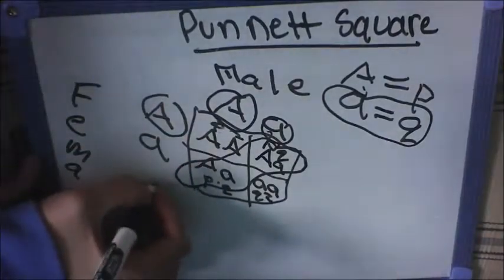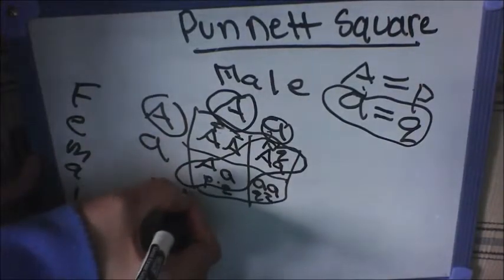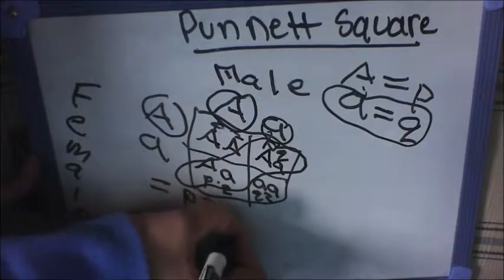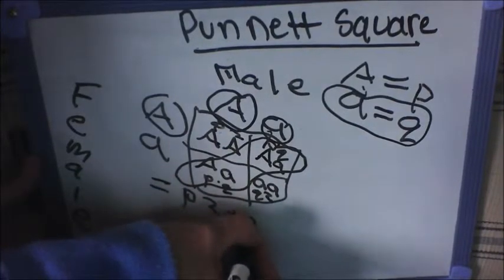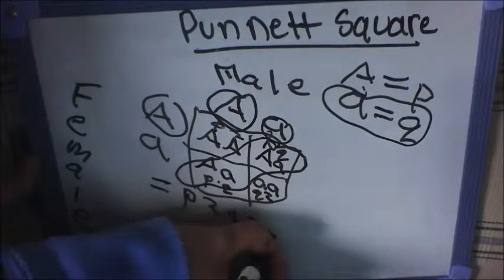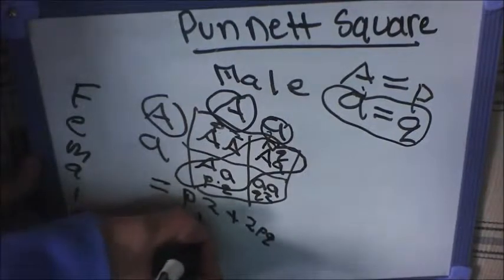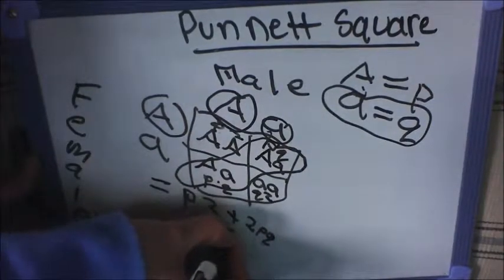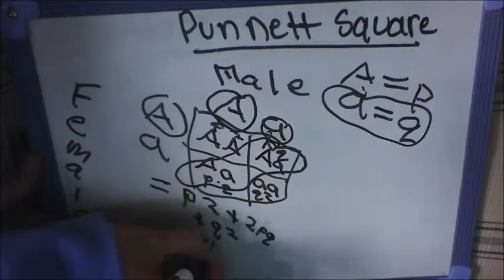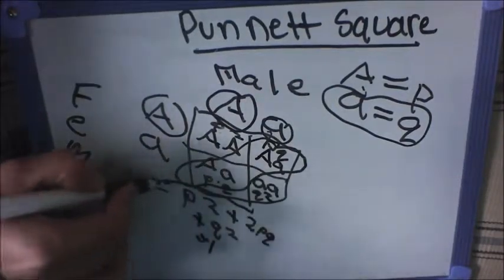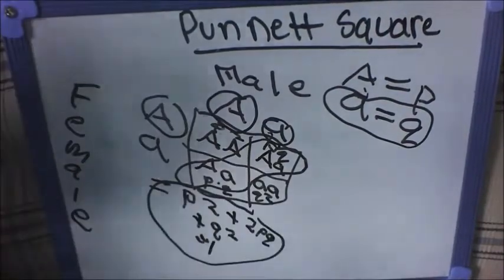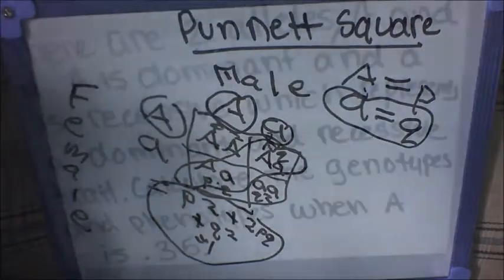And therefore, that's going to give us P squared plus 2PQ plus Q squared equals 1. And that's how we get our equation.